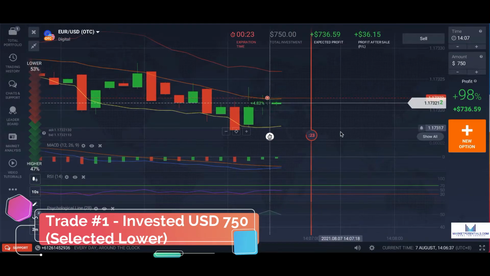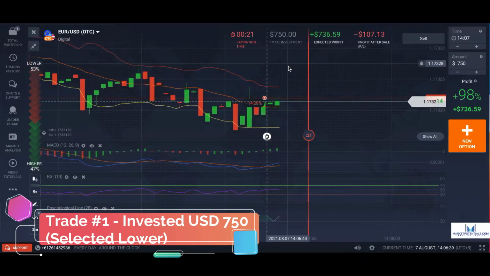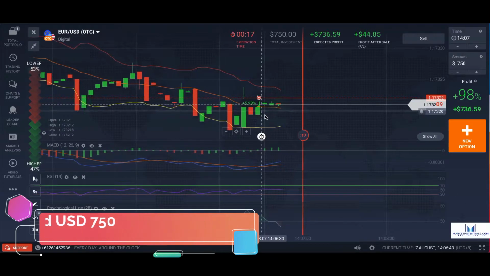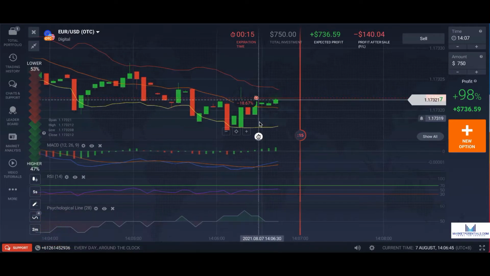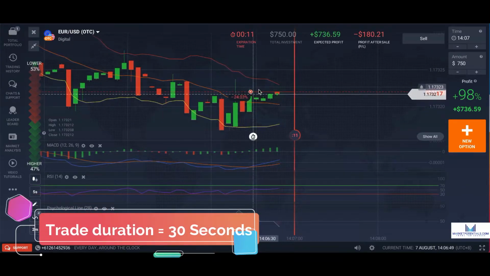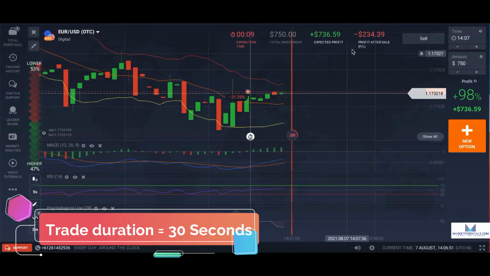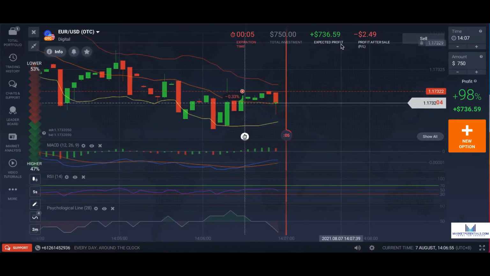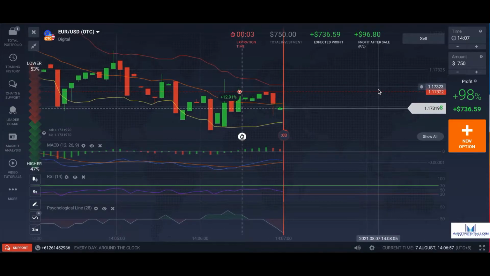Now I've made an entry here, as you can see. I've put in $750 and I've selected lower. In 30 seconds, from the white line to this red line, as long as it ends up below this part, I'm going to be in the money, and I make basically $736 off my $750 invested.